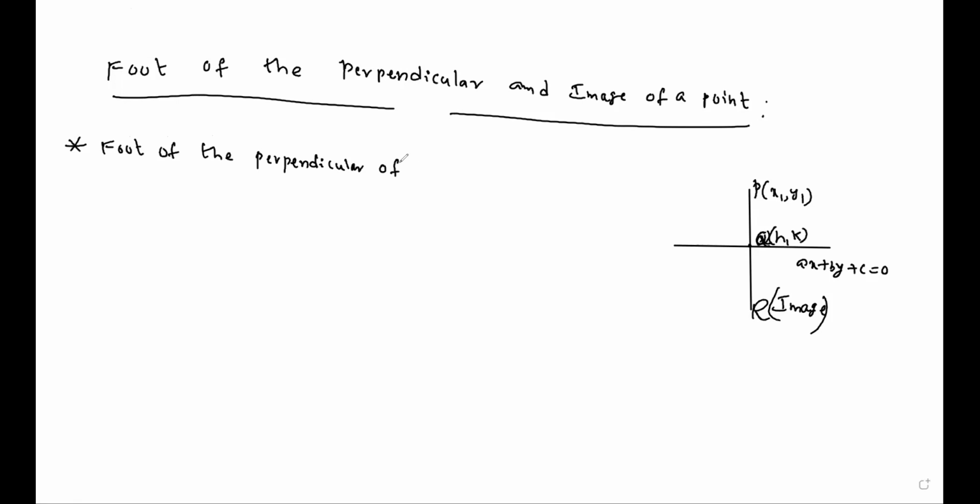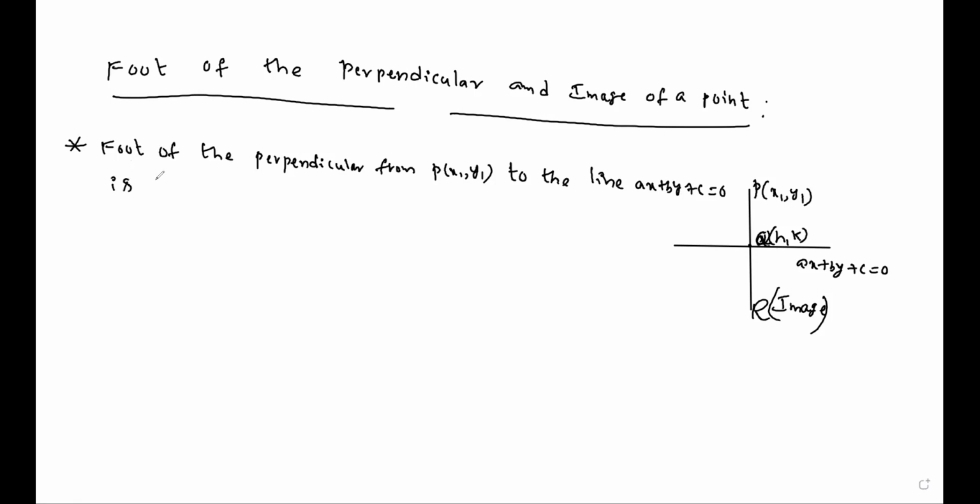from P (x1 comma y1) to the line, that line equation is ax plus by plus c equal to 0.